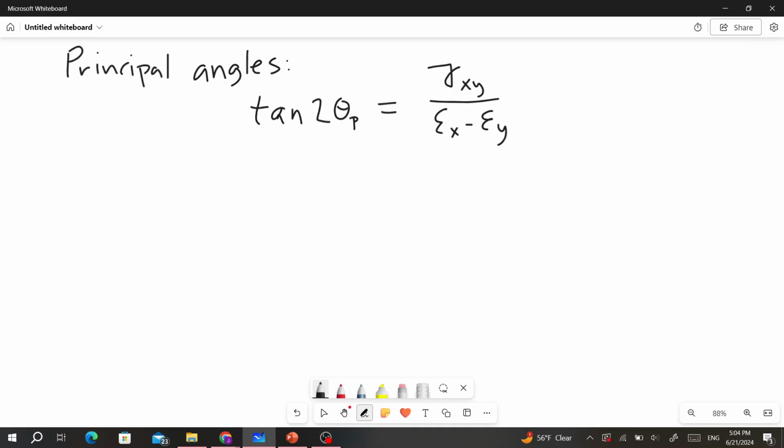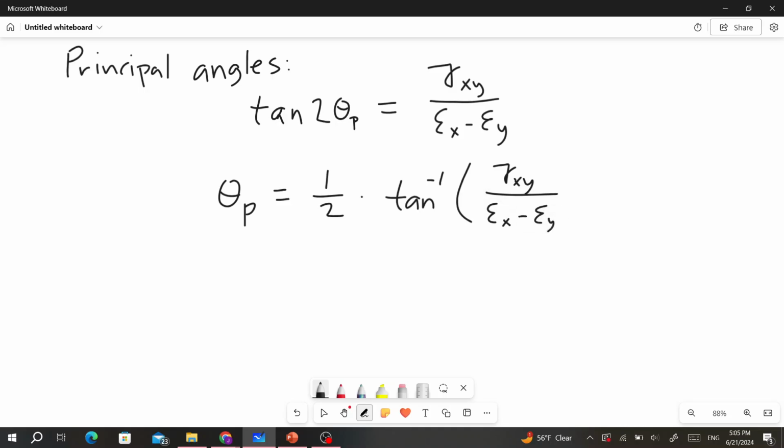We'll do some algebra to get that the principal angle theta p is equal to 1/2 times arctan of gamma xy over epsilon x minus epsilon y. Okay, so then we plug this into our calculator. We know gamma xy, epsilon x, and epsilon y. We plug that in and we get that theta p is equal to 24.0 degrees.